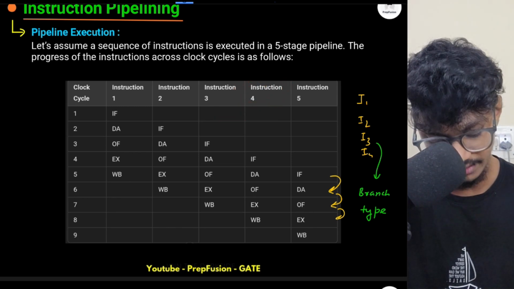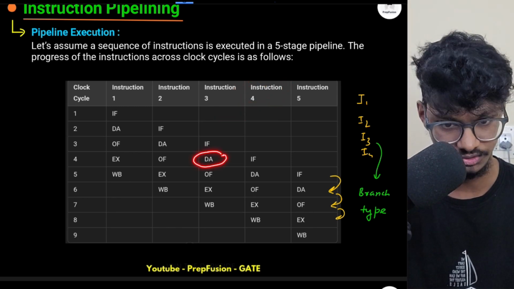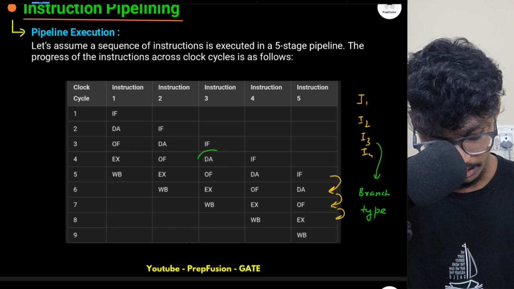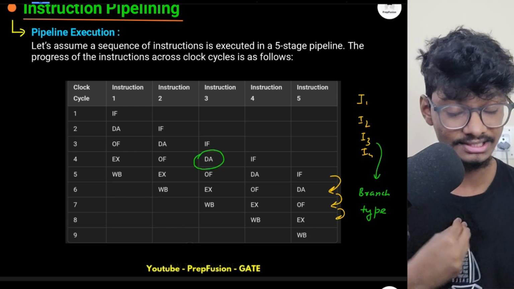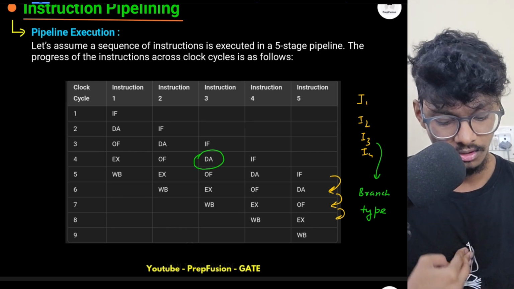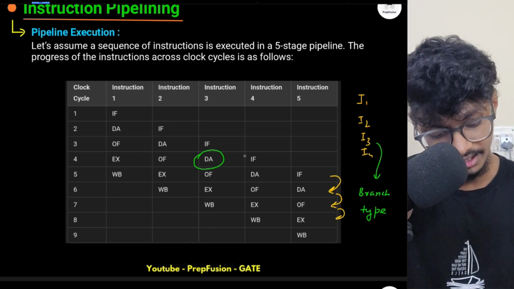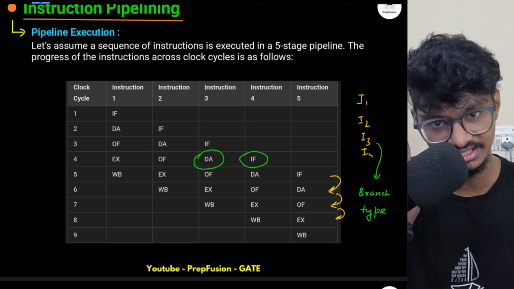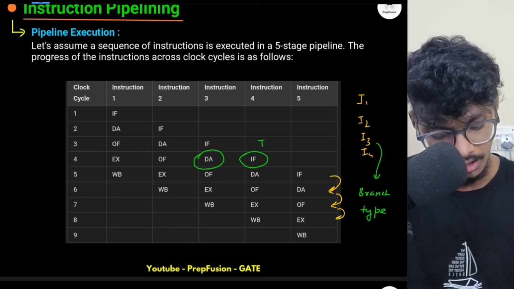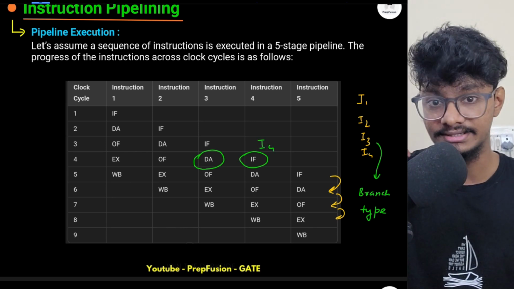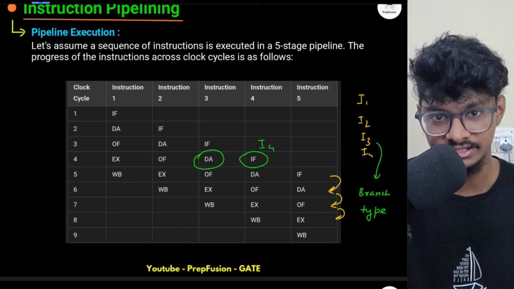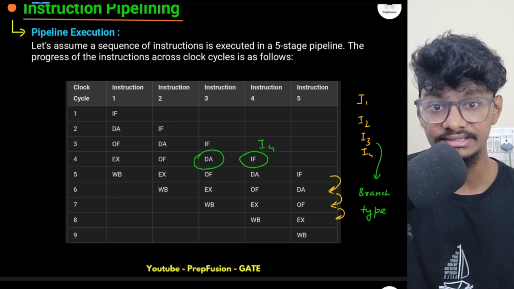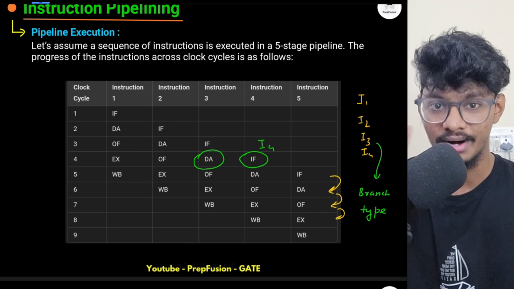But I have already done a few things. The control unit has decoded the instruction I3 and got to know that it is a branch instruction. But person A in stage 1 has already fetched the instruction I4. At this particular moment, the control unit has got this information that I3 is a branch type instruction.